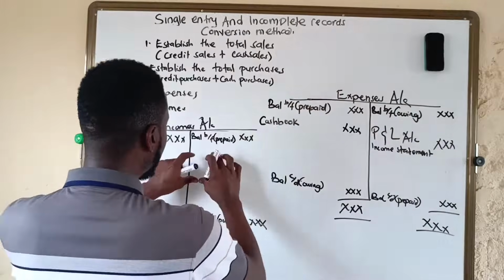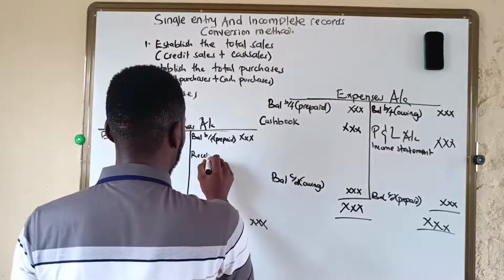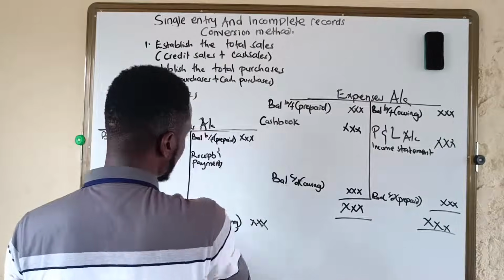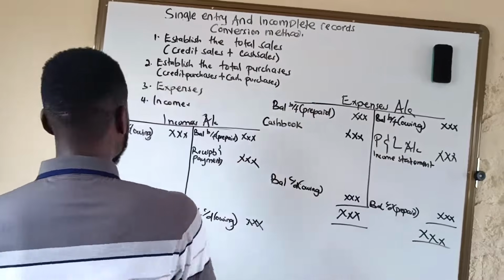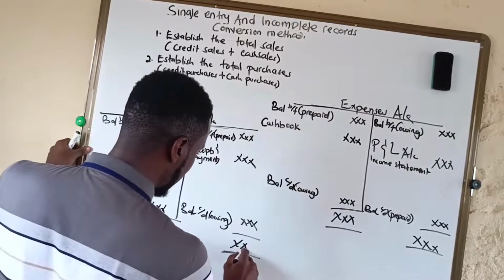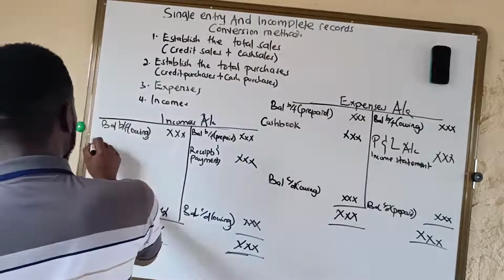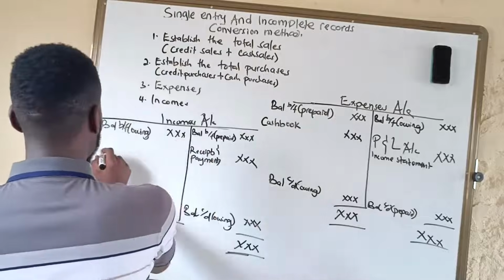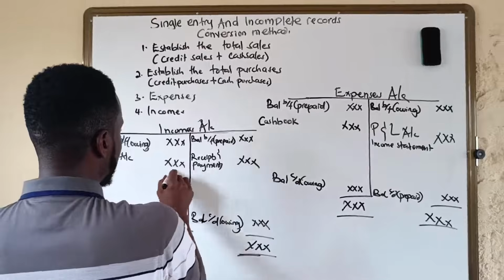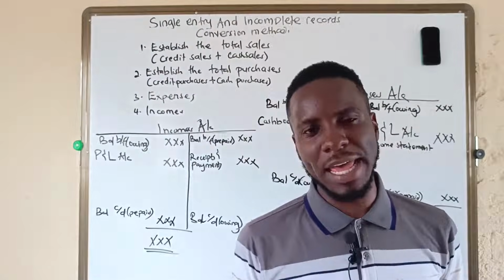Since it's an income, we shall bring it here and we shall indicate that receipts and payments, or what others call cash book. So we put the value here. That means the other value, the balancing figure, after balancing off here, we shall call it income statement or profit and loss account. Now, this is the value that we shall take under incomes on our profit and loss account or the income statement.